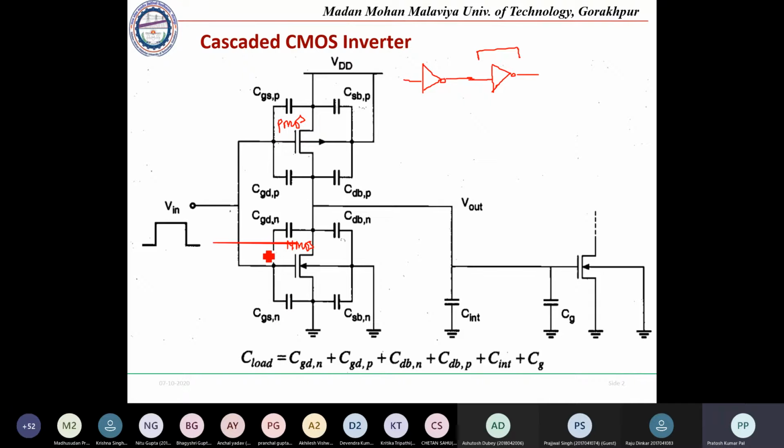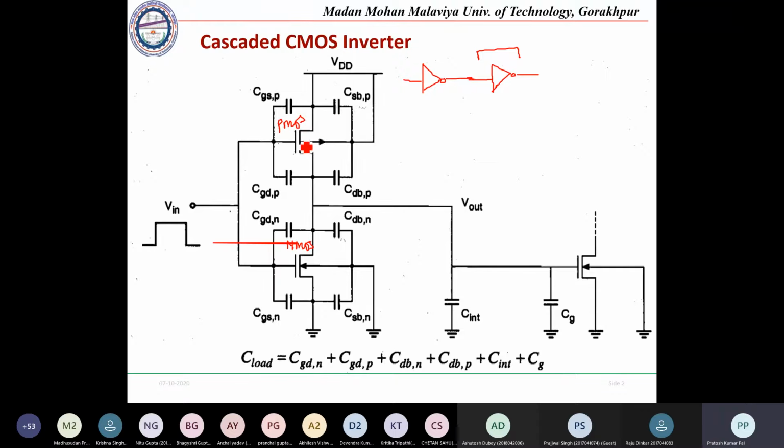Another capacitor is gate to drain, given by CGD, one more is drain to body, CDB, and another is source to body, CSB. Similar to this, the PMOS will have similar capacitance configurations.